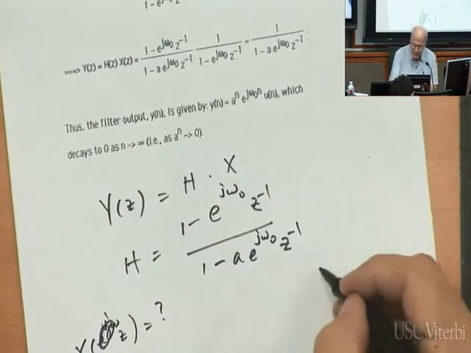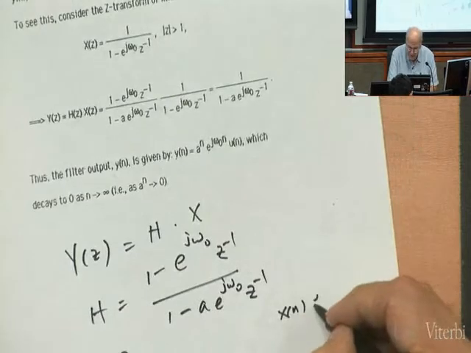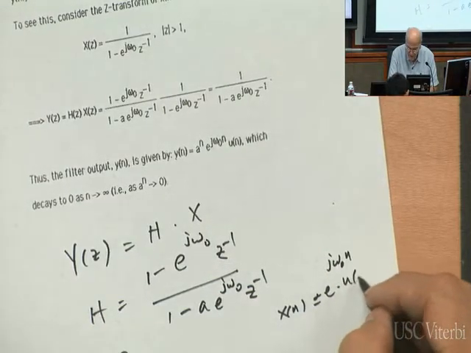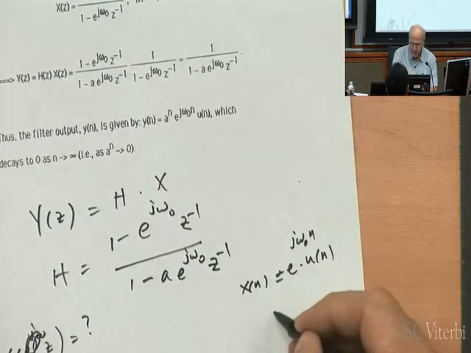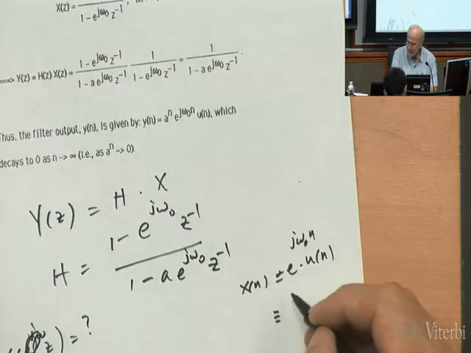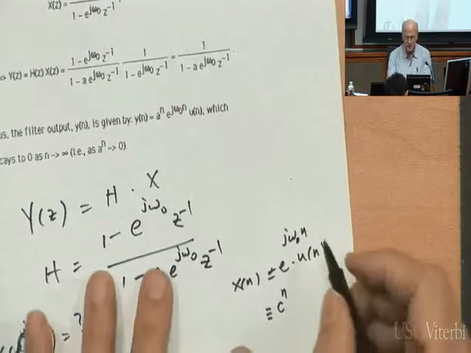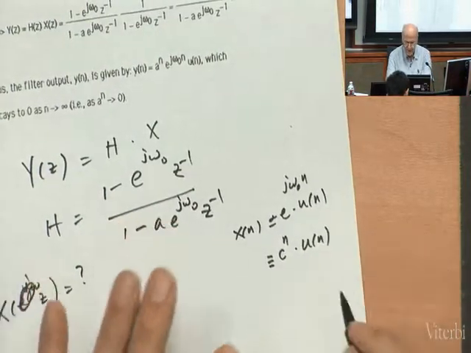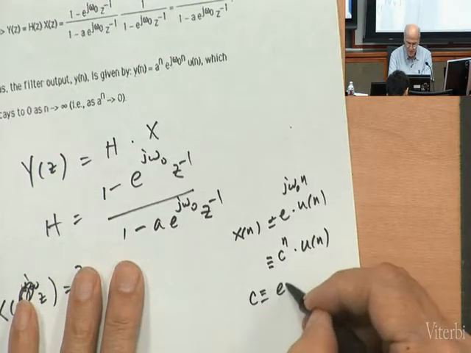Well, we know that x of n is equal to e to the j omega naught n times u of n. Let me write this in a slightly different form, as c to the n times u of n. This looks like a geometric sequence times u of n, where c is defined as e to the j omega naught.